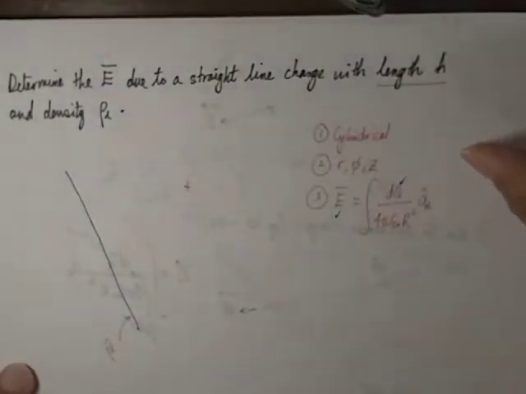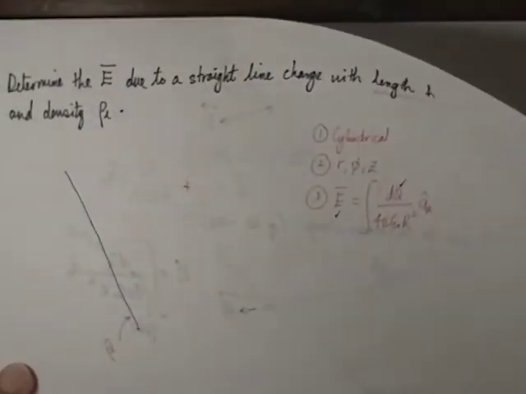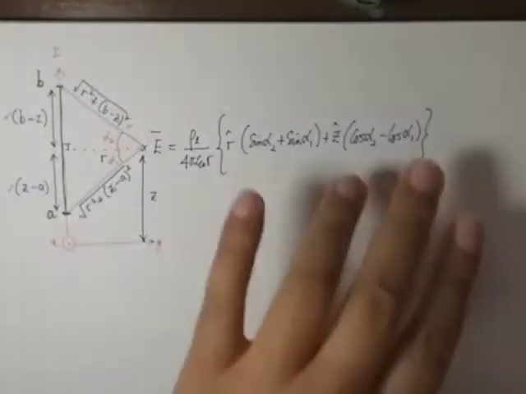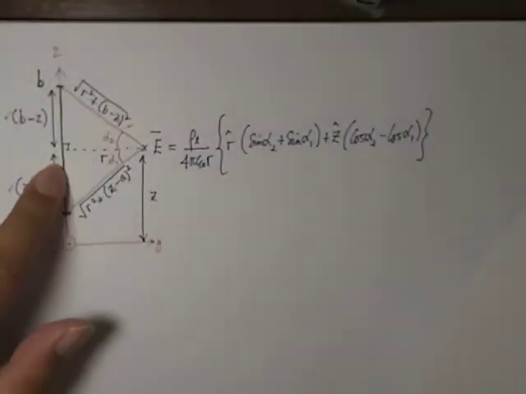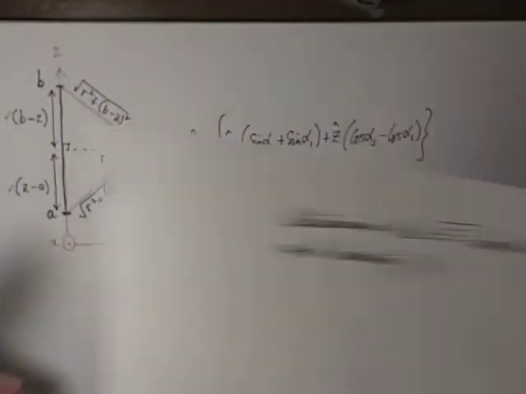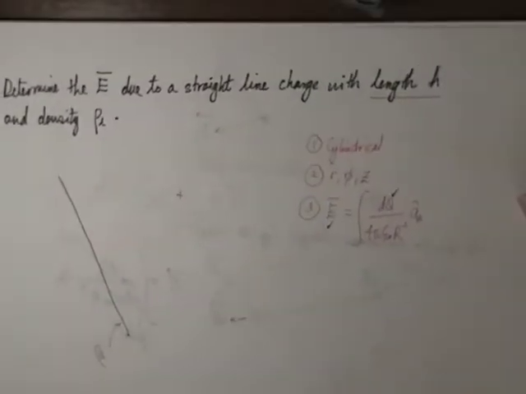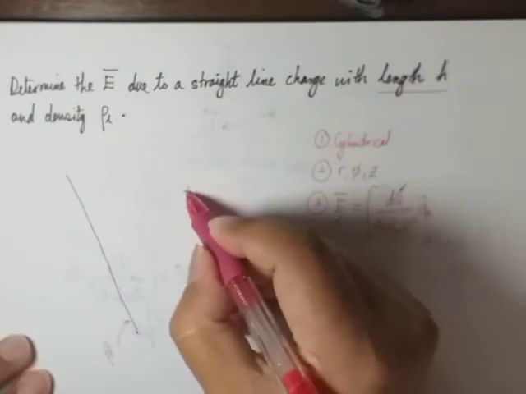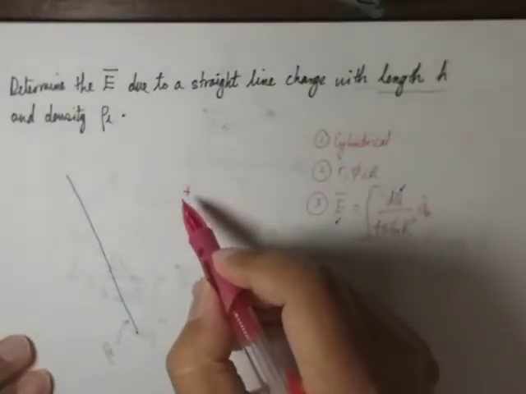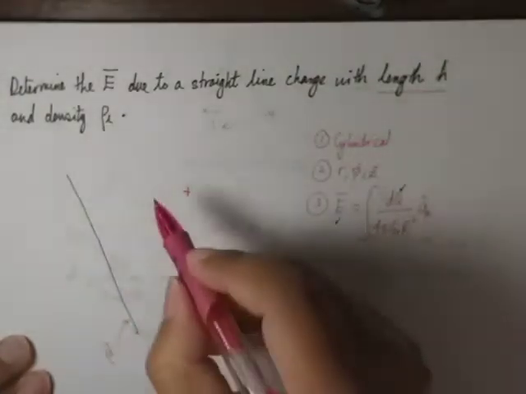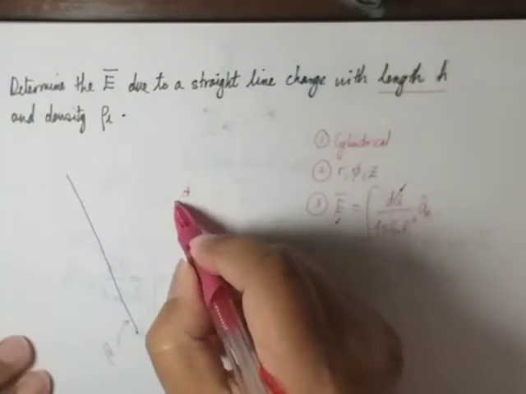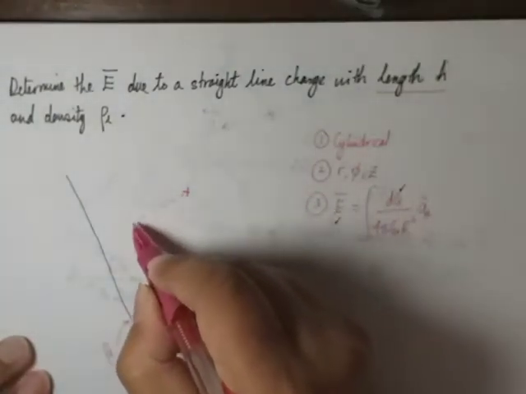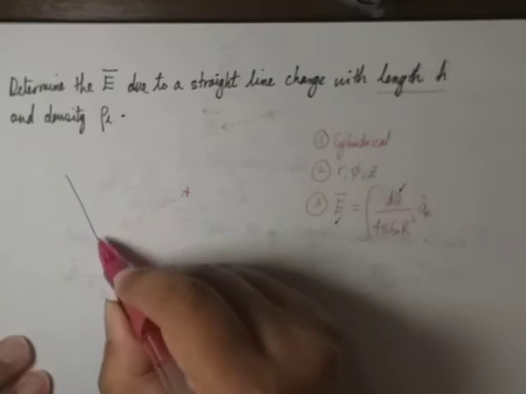Whenever we deal with finite line charge, if I want to use this set of equations, I must be able to draw the triangle. So I'm going to define clearly now. This is our E position. I need to draw a line to the line charge, and this line I'm going to define to be perpendicular to the line charge.